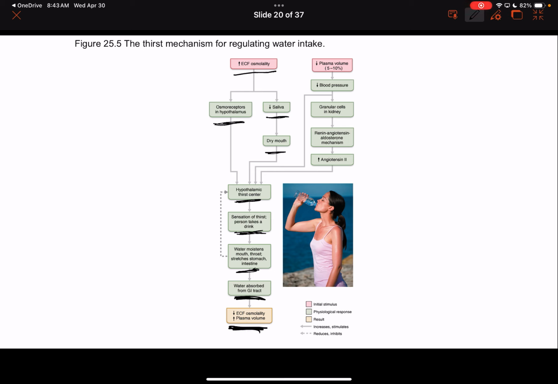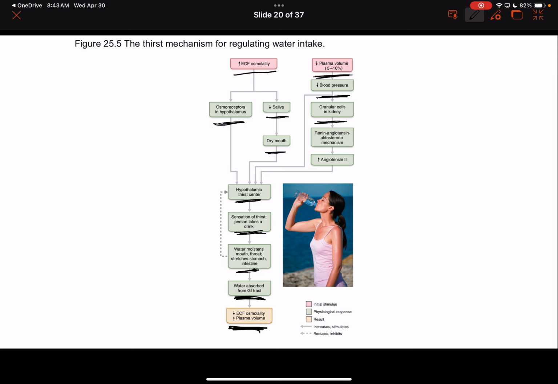Okay. You'll see that same mechanism happen in a different way, though, if you lose plasma volume. So if you do have hemorrhaging or excessive vomiting or diarrhea where you're losing lots and lots of water, this is going to decrease your blood pressure, which causes the granular cells in your kidney to release renin.